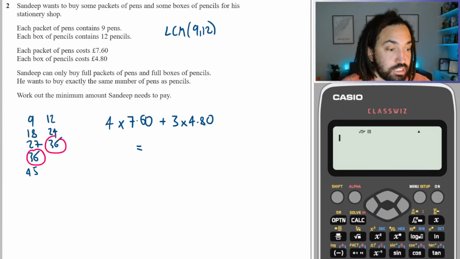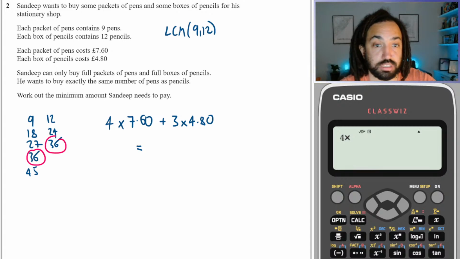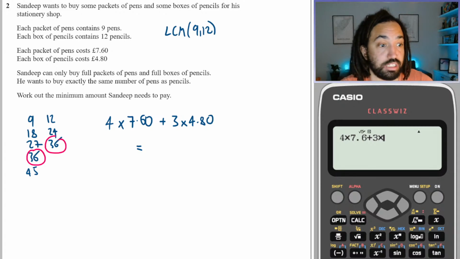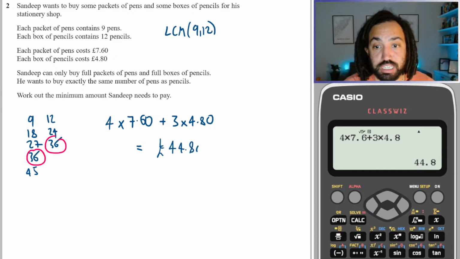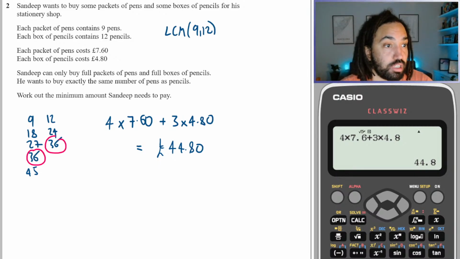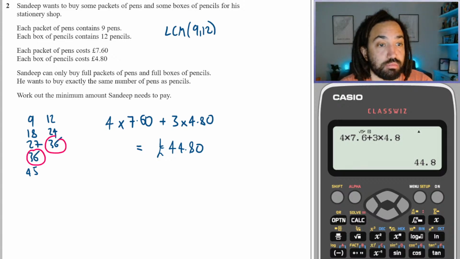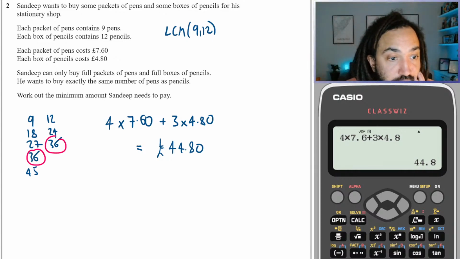So we go to our calculator and we do 4 times 7.6 plus 3 times 4.8, and we get a total of £44.80. Okay, right, let me just move my things around. How did I have it when I started this? Okay.